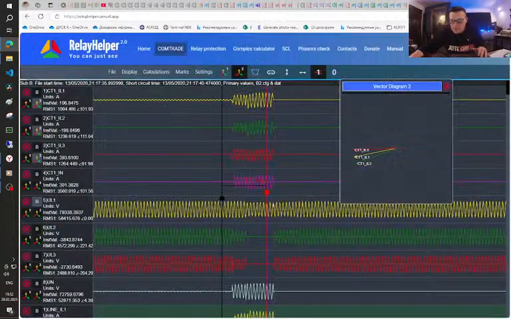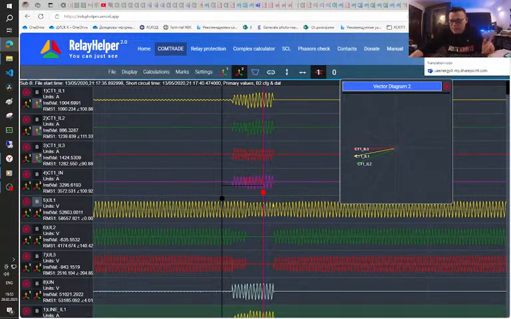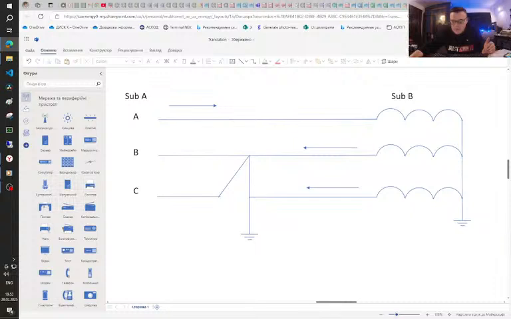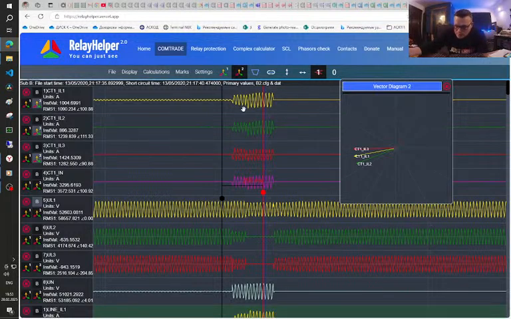But if we look at the vector diagrams, we will see that the currents almost have the same direction, and this is a very interesting case for me. I have only one explanation for that, and to explain it, I need to build a little bit deeper vector diagram.